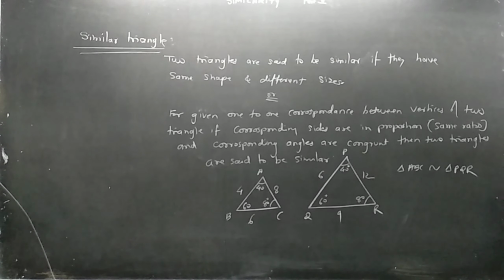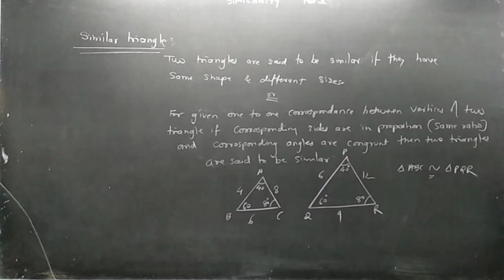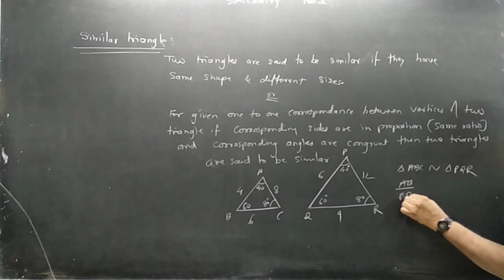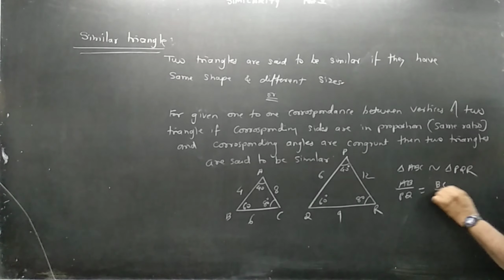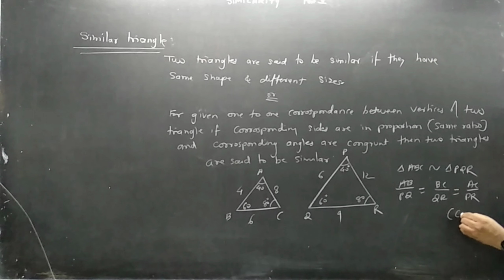This is called what? Similar triangles. This is the symbol of similar triangles. Okay, so triangle ABC is similar to triangle PQR. I know that their ratios are equal, means AB upon PQ equals BC upon QR equals AC upon PR, and the reason for it is CSST, corresponding sides of similar triangles.